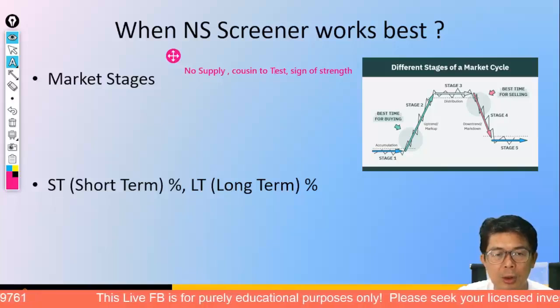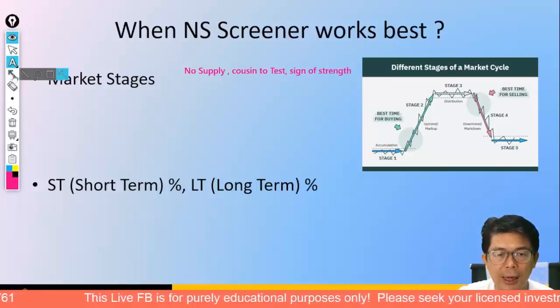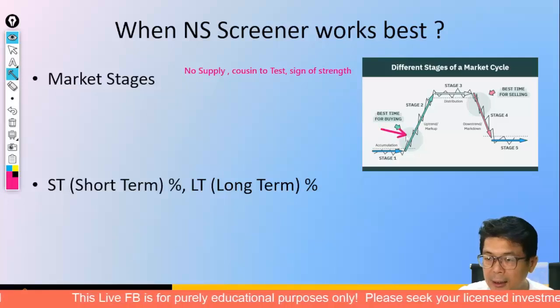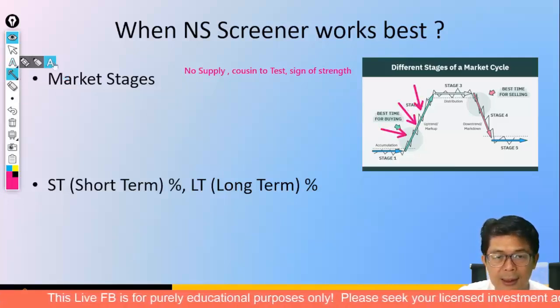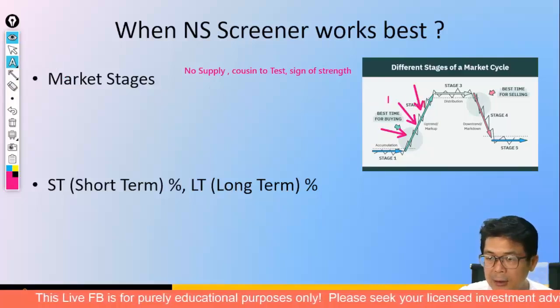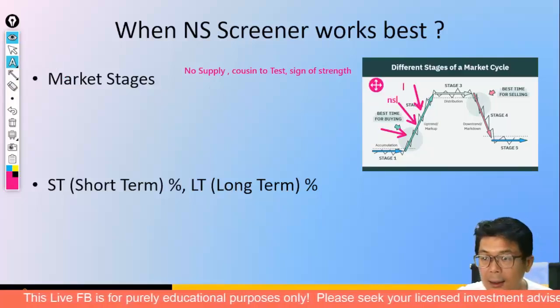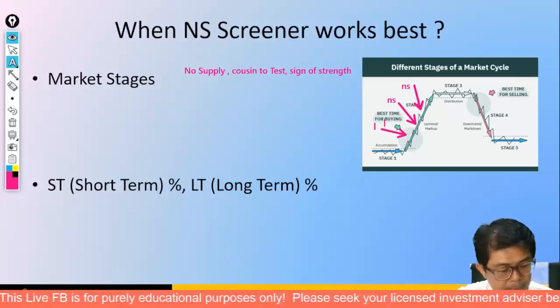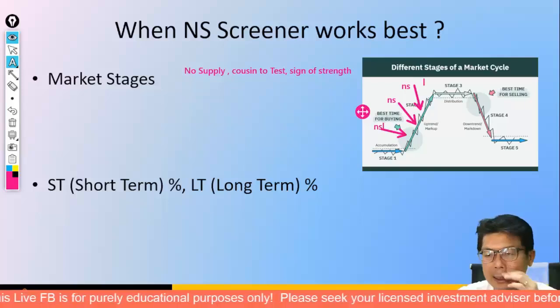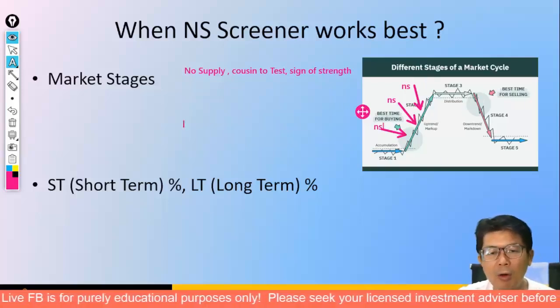And where does it occur? What we want to do is look out for those shares that show it in mid stage 2. Okay, so this is where we want to see the NS happening. Okay, so NS here, NS here, and NS here. Okay, so NS here. So this is what we're looking for.